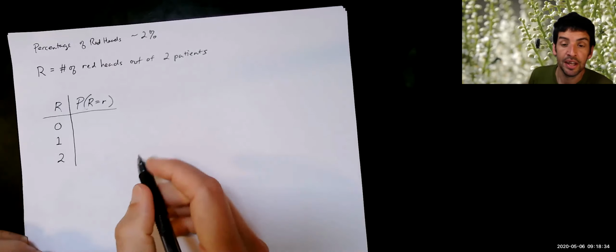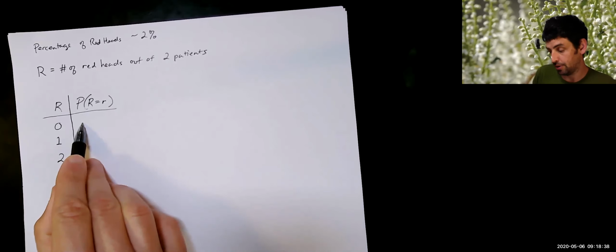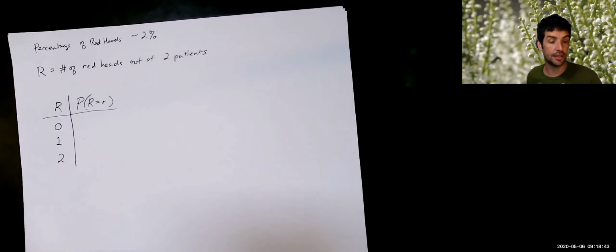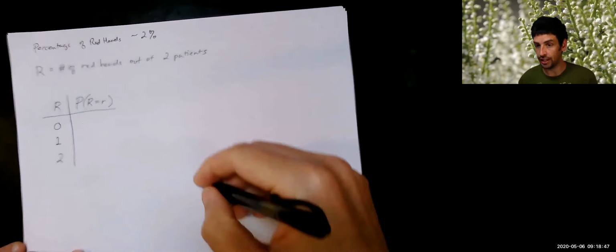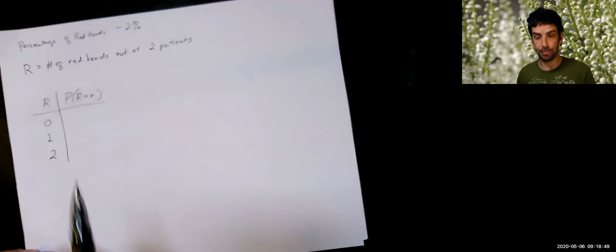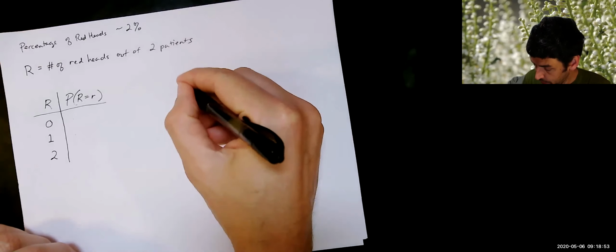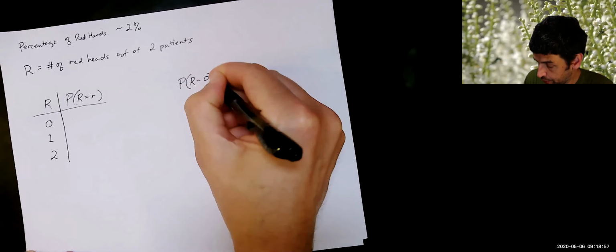So what we need to compute in this column is the probability that there are no redheads, the probability that there is one redhead, and the probability that there are two redheads in our patients. So let's use this space over here to compute those probabilities. I'll just start at the top. We want the probability that R equals 0.